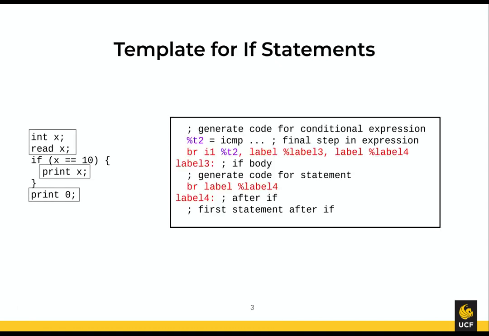So the template for an if statement in LLVM, there are, of course, multiple ways to do this. This is kind of the most naive and simple way to do it. You first generate code for the conditional expression. And there's going to be some final step in that conditional expression. Maybe it's an icmp, maybe it's an and, maybe it's an or. There's going to be some last step in your expression.